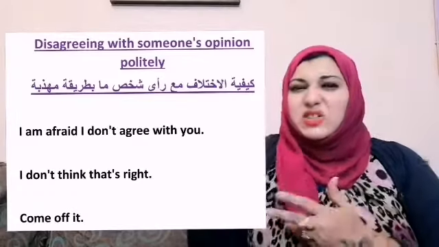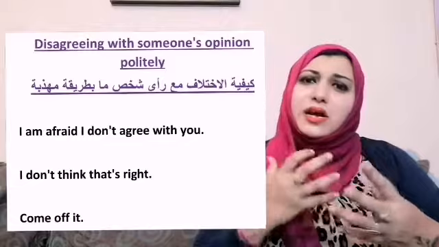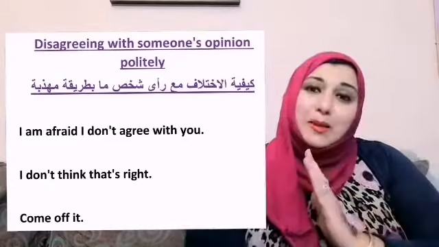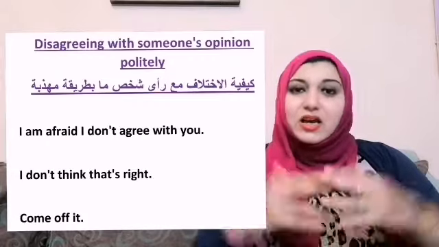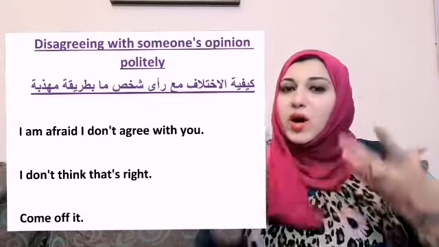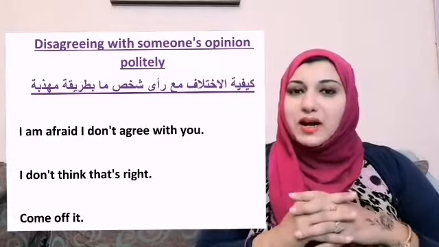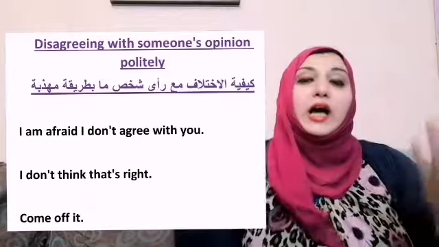Okay, I can disagree. Some people can disagree with you. بعض الناس بتختلف معاك في الرأي politely, بأدب. Okay, so how can or what can they say? يقولوا لك ايه لما يختلفوا معاك في الرأي بأدب, disagree politely.